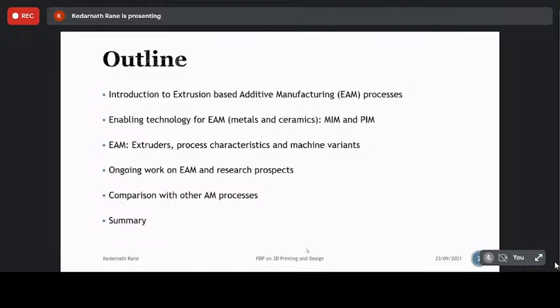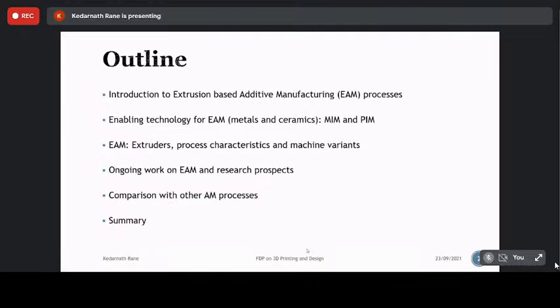Then we are going to cover in brief the extruders which are used for extrusion-based additive manufacturing. Then we are covering all the process aspects. Then we can see how machines are developed and available in the market for this technology.